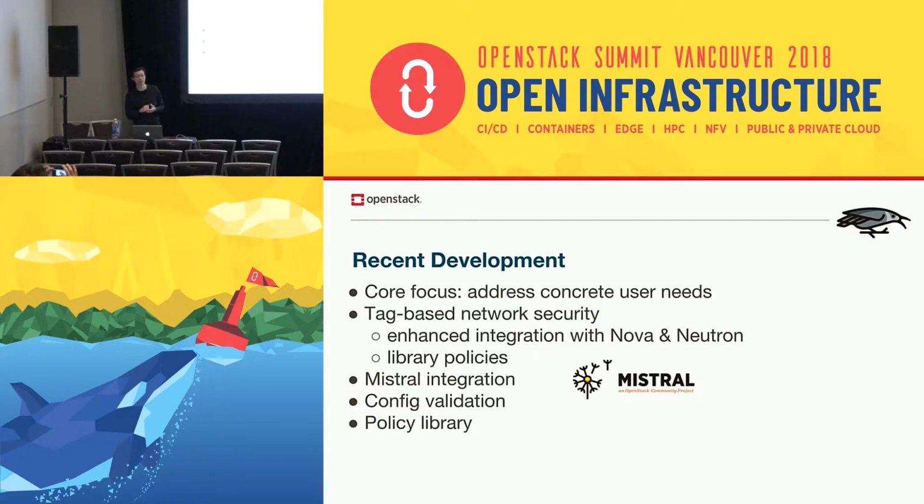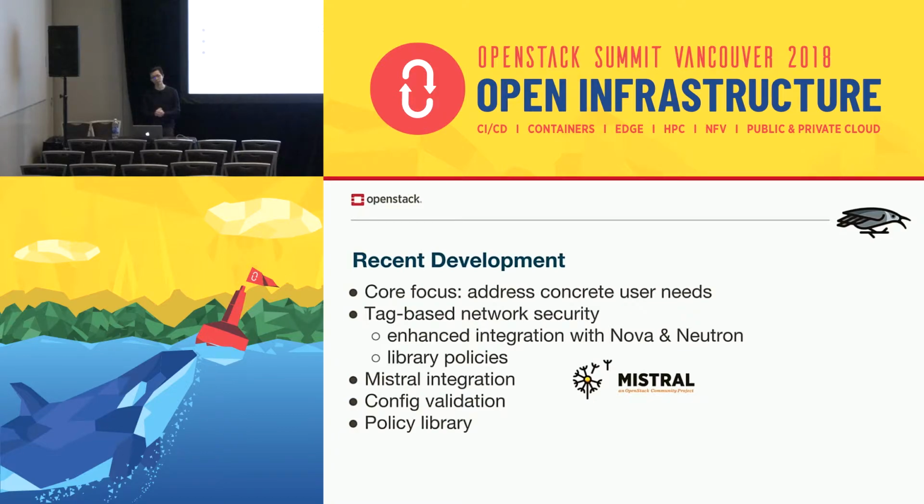This piece of work was prototyped at Orange to catch incompatible or improper configurations across different services. Integration with Mistral workflow service is also a very key step because it enables Congress to trigger robust workflows, anything from something as simple as sending an email to arbitrarily complex Ansible playbooks, according to Congress policy. We also added a library of prepackaged policies along with a UI for exploring and activating them.